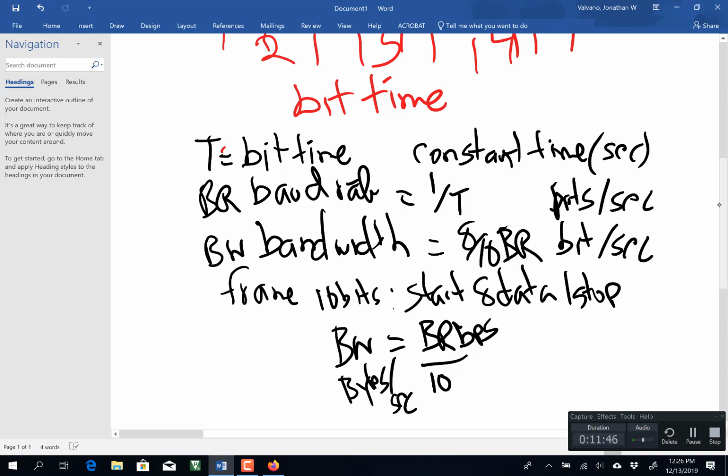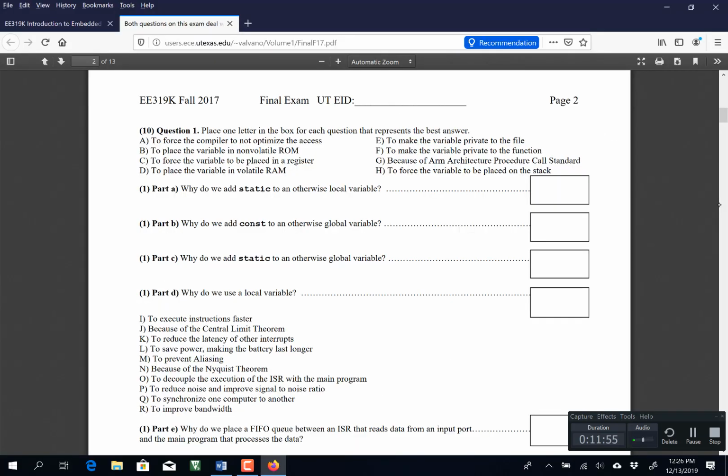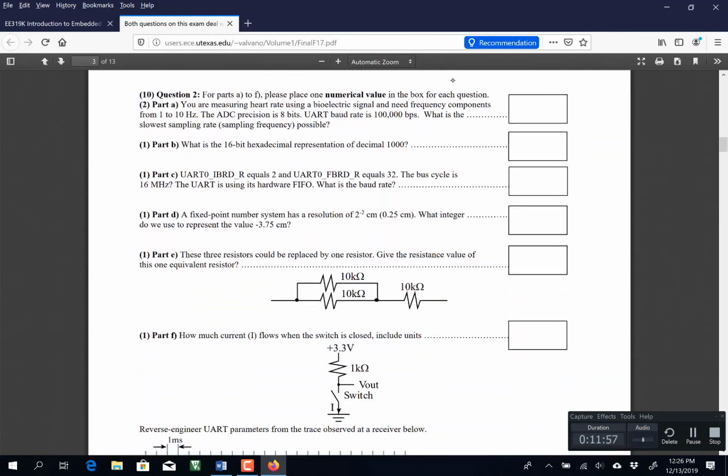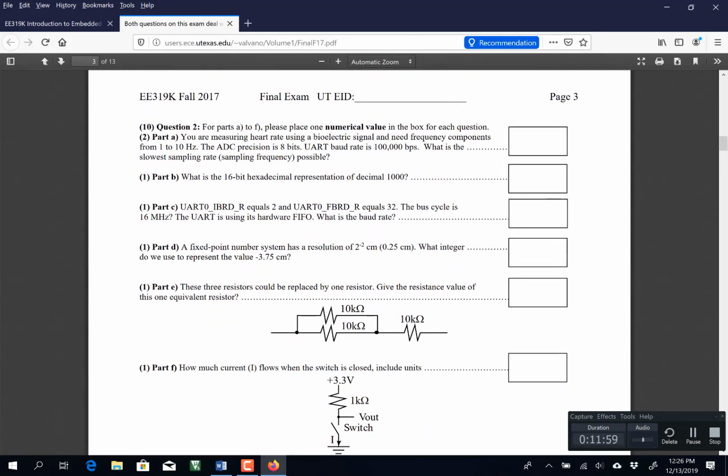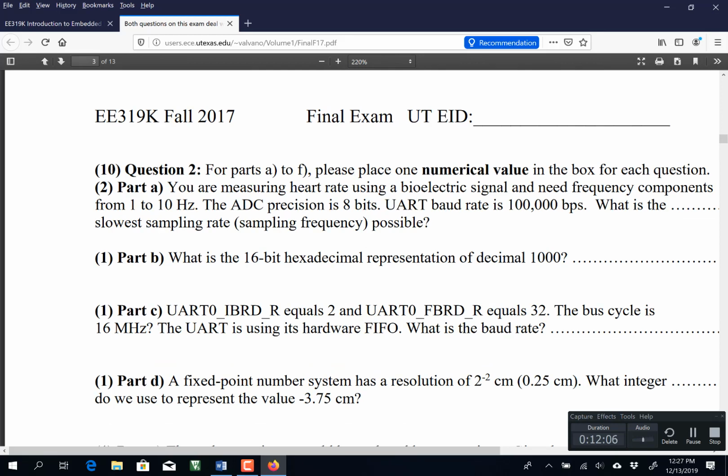Did you figure out which one you wanted? It was problem 2, part D. This is totally on the test, not this exact one.